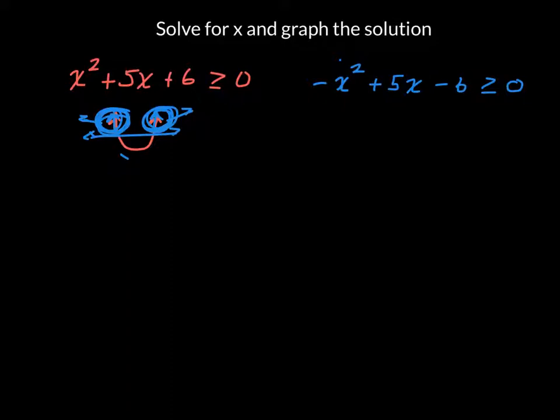Now we go over to the blue one. And for the blue one, the characteristic that we note is that it's negative, but it's greater than. So when it passes through, in this case the x-axis here, what we need to note is that I want to know when this quadratic is above the x-axis.